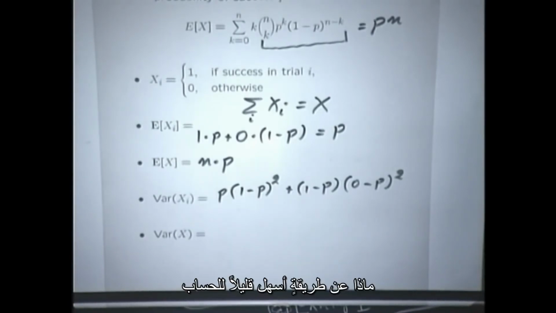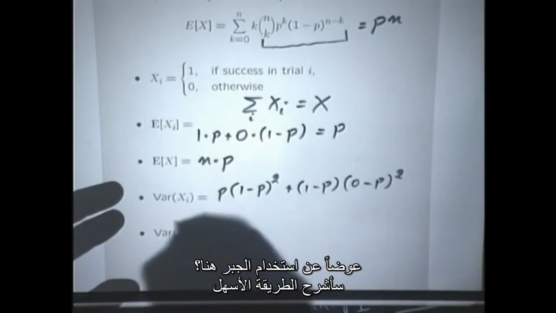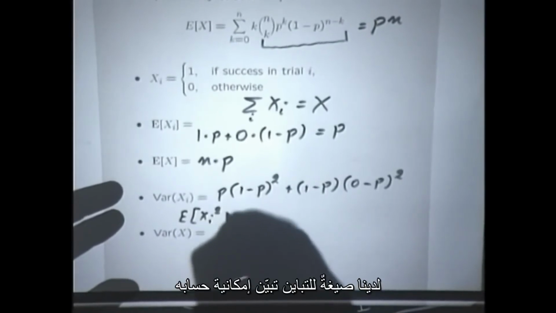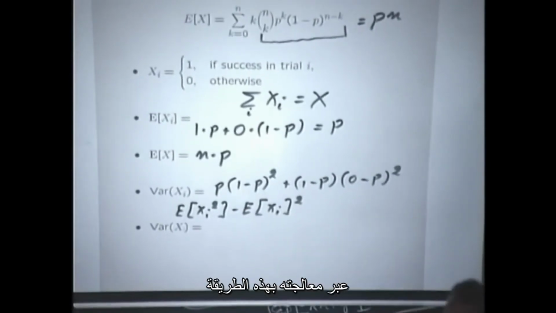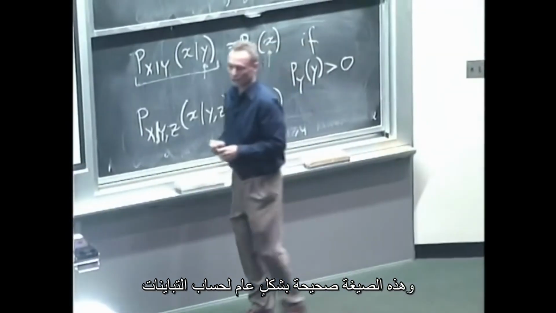How about a slightly easier way of doing it? Instead of doing the algebra here, let me indicate the slightly easier way. We have a formula for the variance that tells us that we can find the variance by proceeding this way. That's a formula that's generally true for variances. Why is this easier?